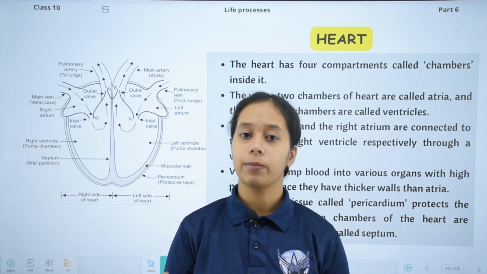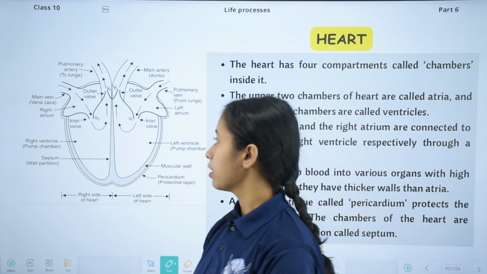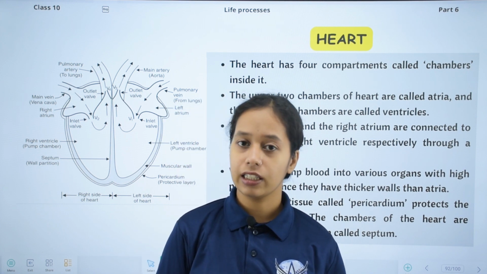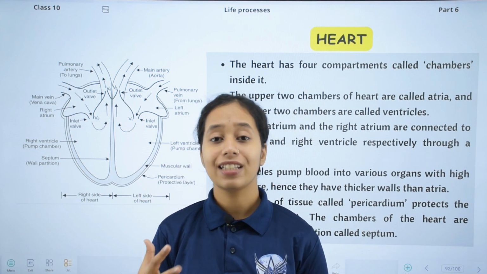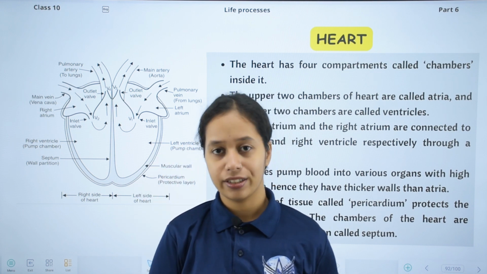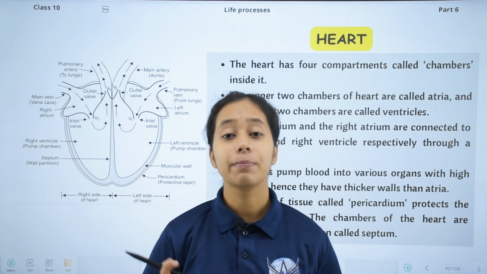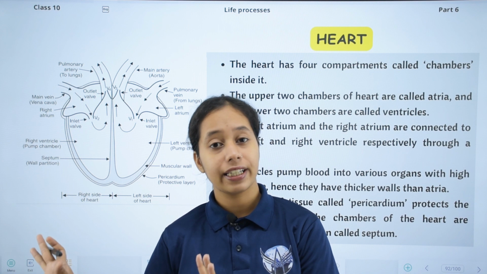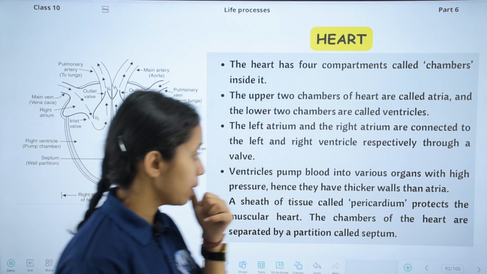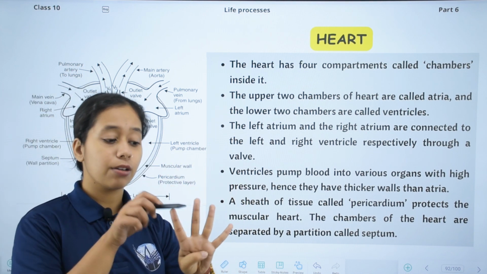Whenever we clench our fist, roughly this is the size of the heart. The heart is called the pump; it pumps blood. The main function is to pump. This heart has 4 compartments.